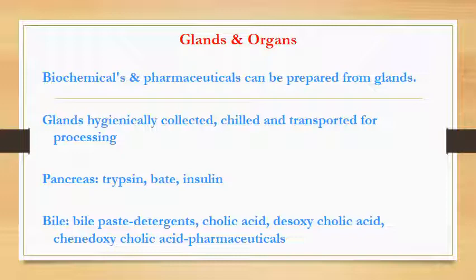There are different important uses: from the pancreas we can make different enzymes like trypsin, BET or insulin. From the bile we can make bile paste or detergents, or cholic acid, deoxycholic acid can be prepared, or chenodeoxycholic acid. These are different bile salts which have important use in the biochemical industry or pharmaceutical industry.